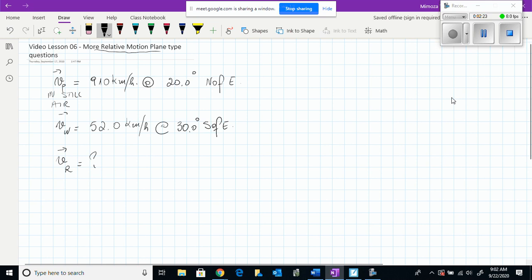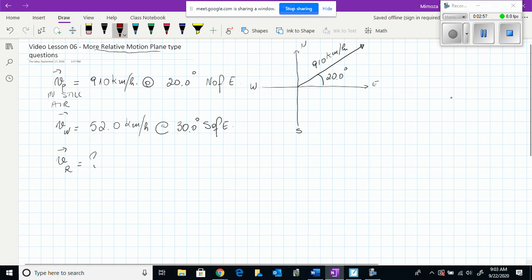In this case, the plane is traveling at 910 kilometers per hour at 20 degrees north of east, which means that in the northeast-southwest axis, we will have a vector with a magnitude of 910 kilometers per hour at 20 degrees north of east, and this will be the plane.